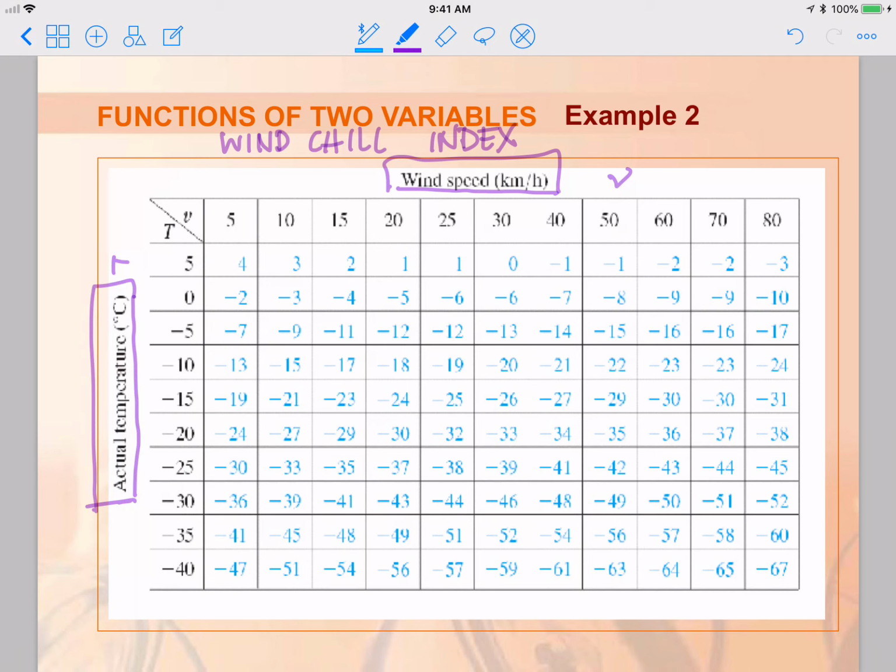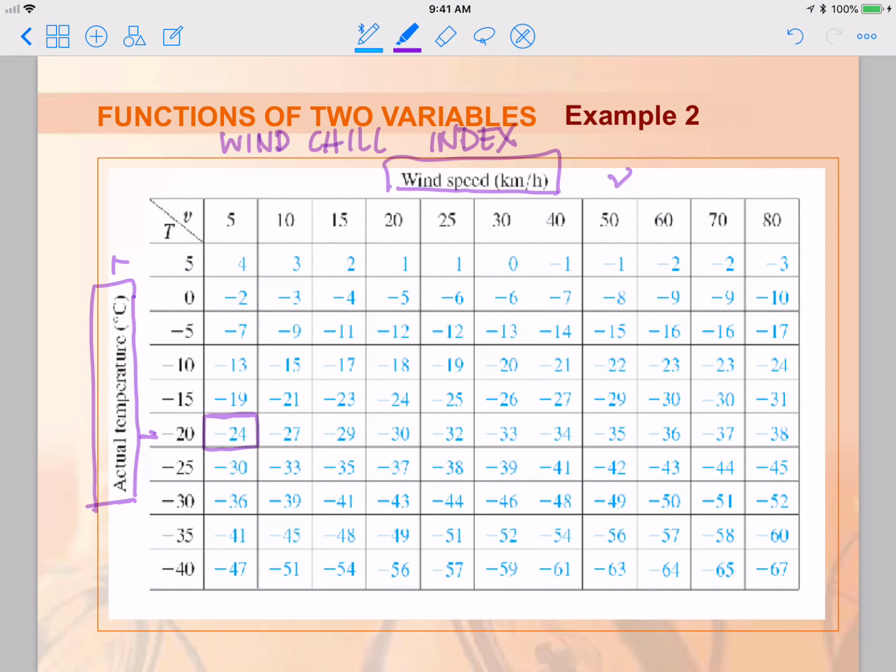Okay. So for example, what is the wind chill index if your temperature is negative 20 degrees Celsius and your wind speed is 5? Well, with the wind chill, it feels like negative 24 degrees Celsius, right?